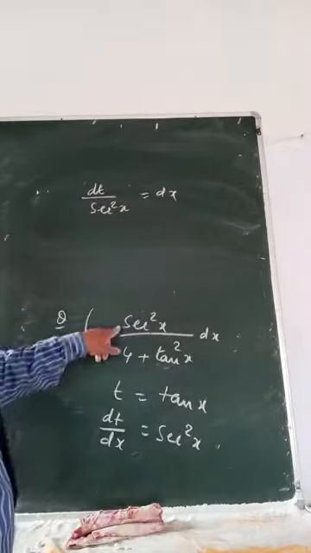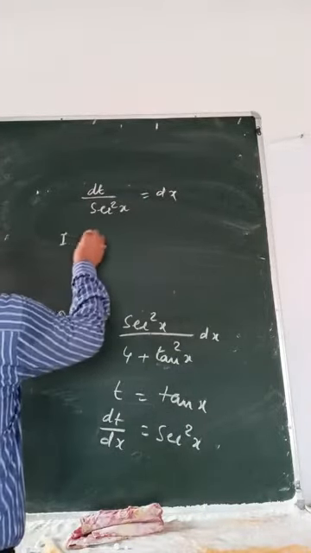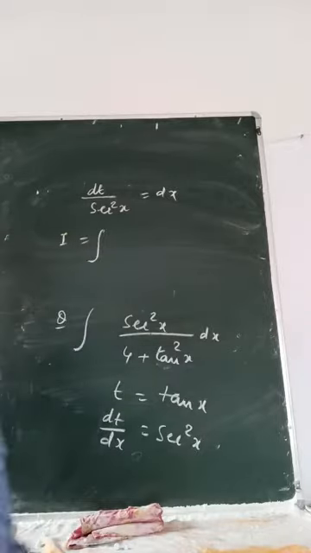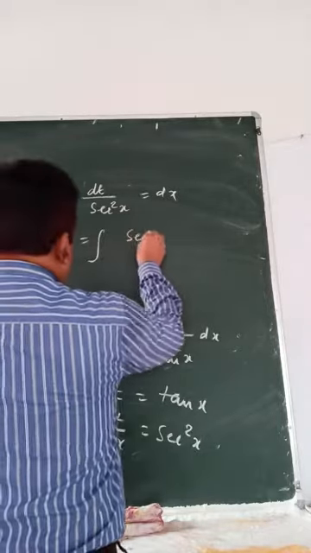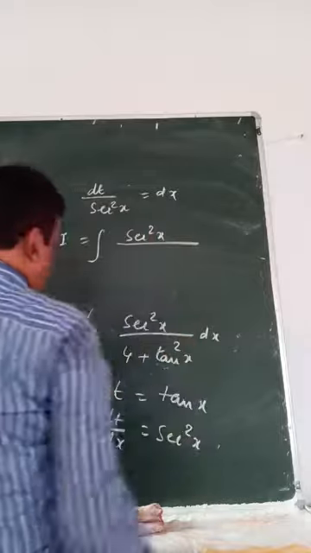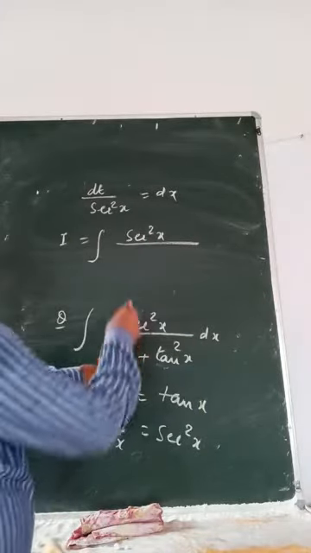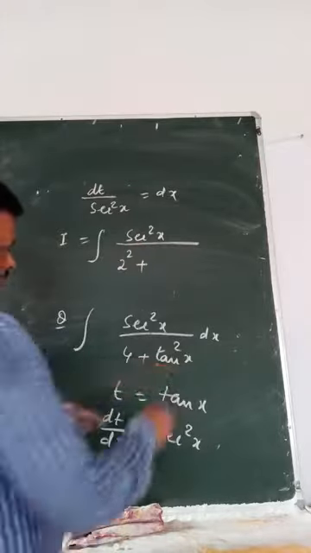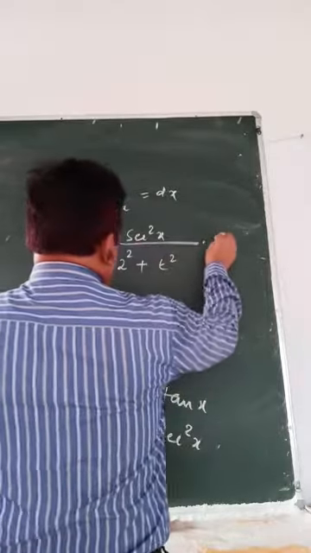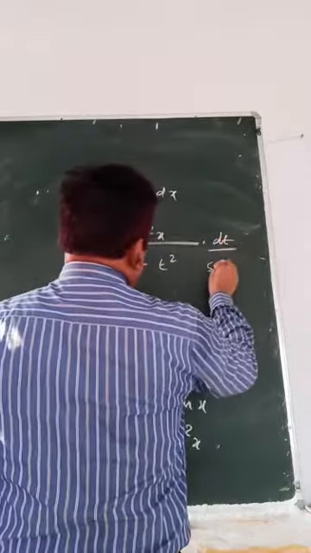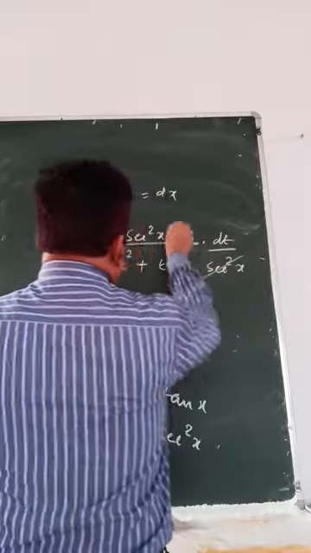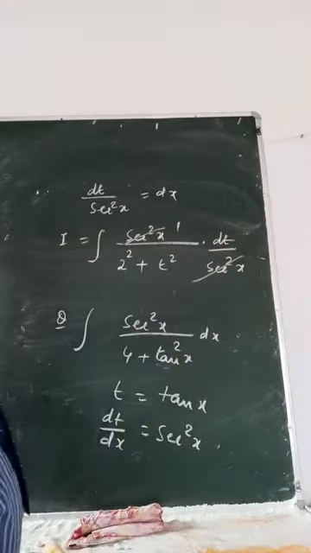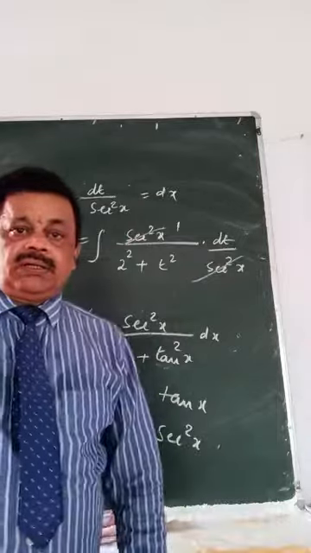Now back to the question. I equals sec square x by 4, and 4 means 2 square, plus t square, dt by sec square x. This is cancelled. Now compare which formula you have to use here.